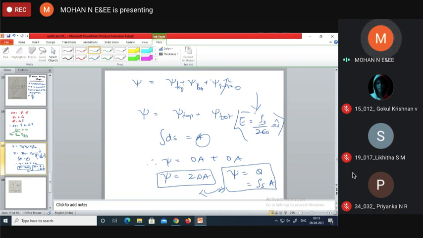So using Gauss law, we have been able to find the flux lines, and from the flux lines we are able to find the field intensity due to a point charge, due to a line charge, due to a sheet of charge. Clear?